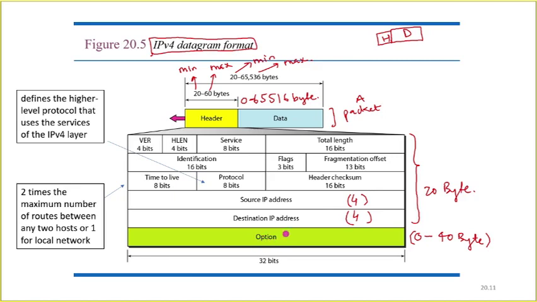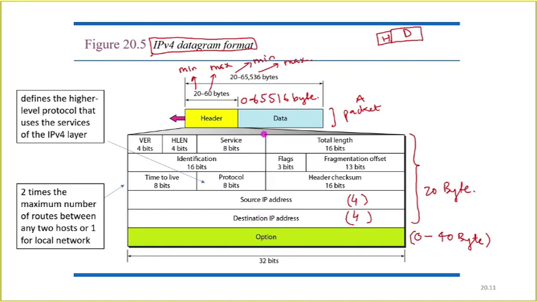If it has the maximum 40 bytes, then the maximum size of the header will be 20 plus 40, 60 bytes. If options are not used, it will be 0 bytes, and the minimum size of the header will be 20.